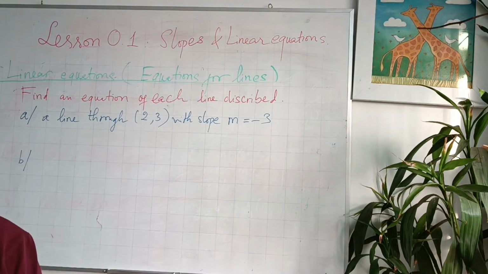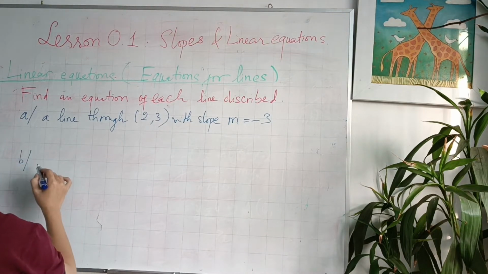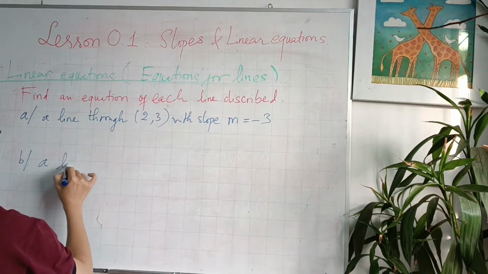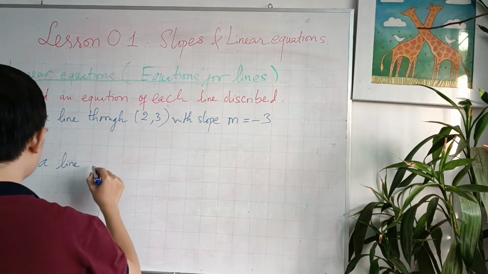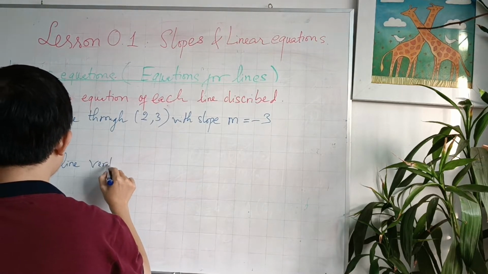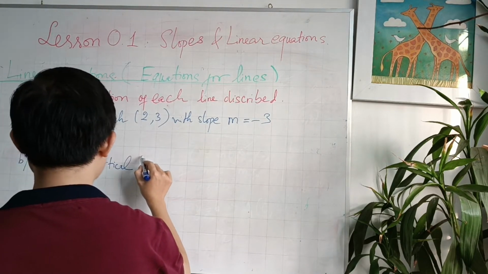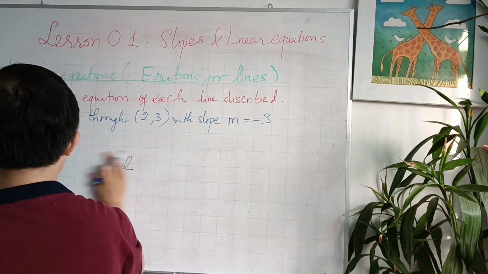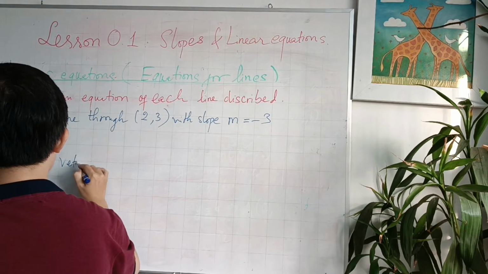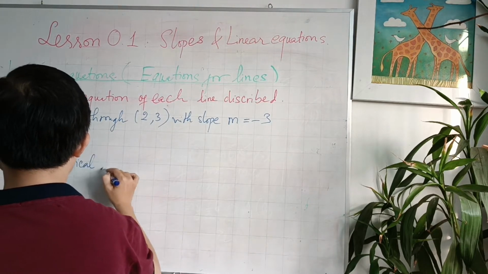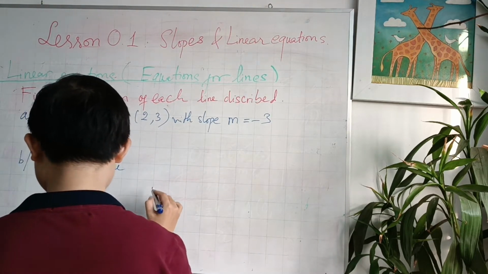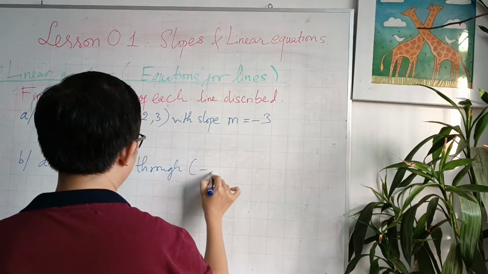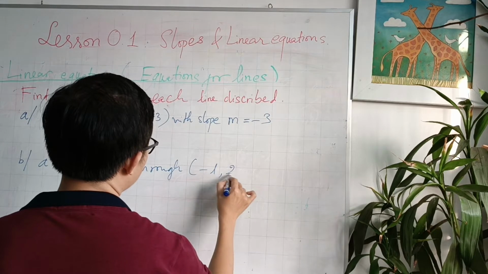B. A vertical line through the point (-1, 2).